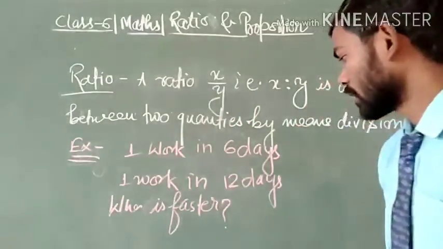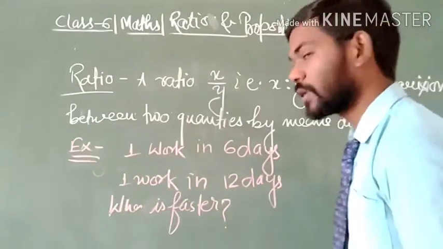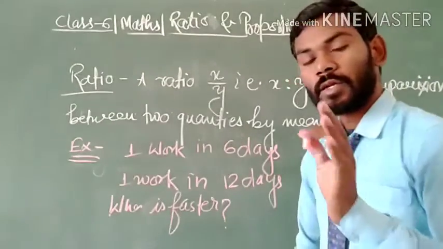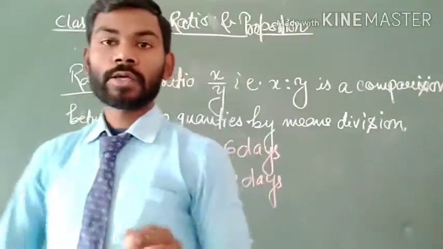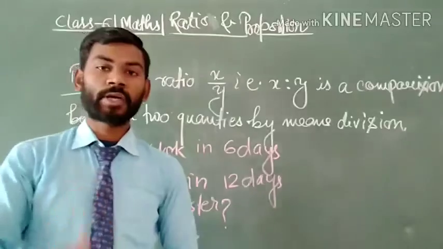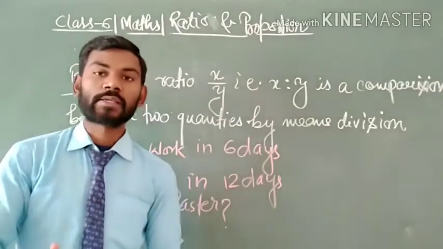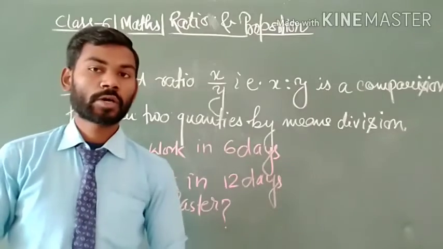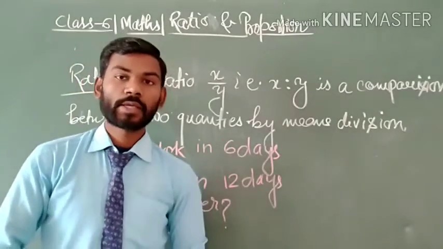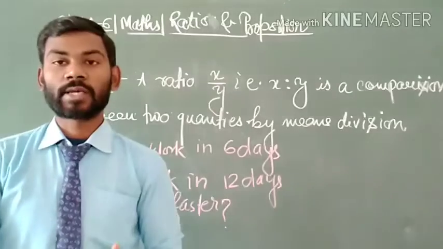From the observation, it is clear that the person who completes the work in the minimum number of days is faster than the person who completes the work in the maximum days.